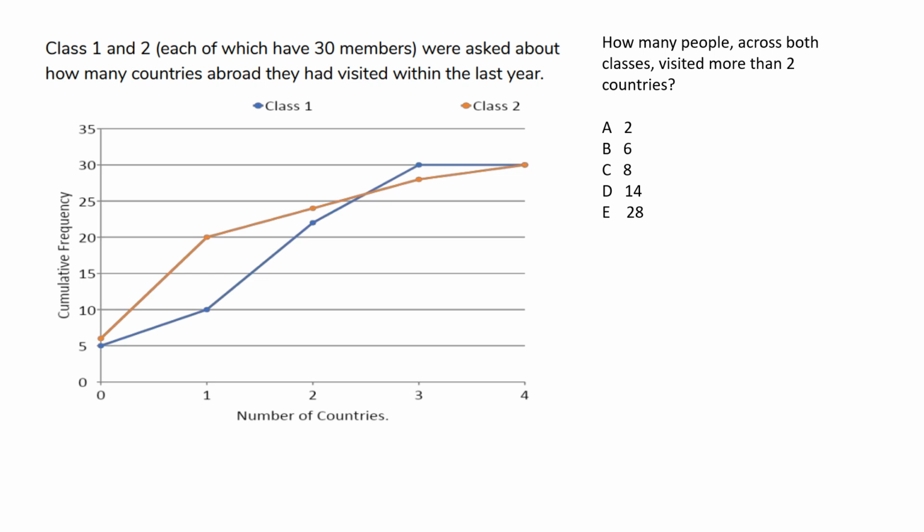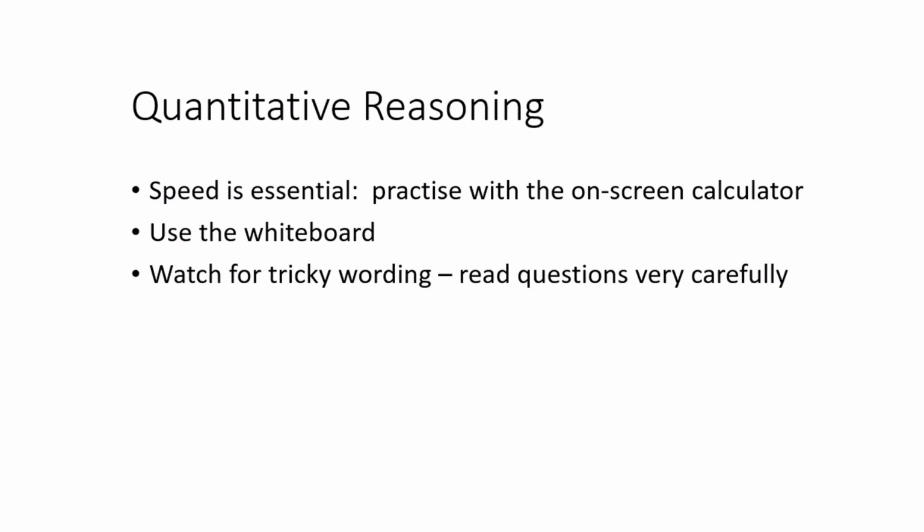Okay, so I think that's all we're going to do on quantitative reasoning. As in all of these sections, speed's what you need, and that takes practice. But that calculator especially needs practicing.